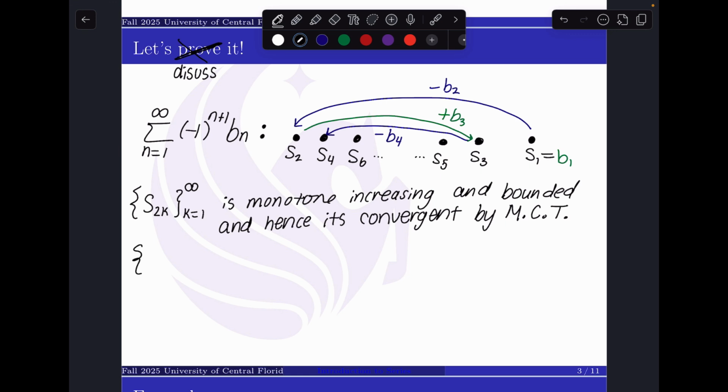Similarly, we can see that S sub 2k+1, the odd partial sums from k = 0 to infinity, is also convergent by the monotone convergence theorem.